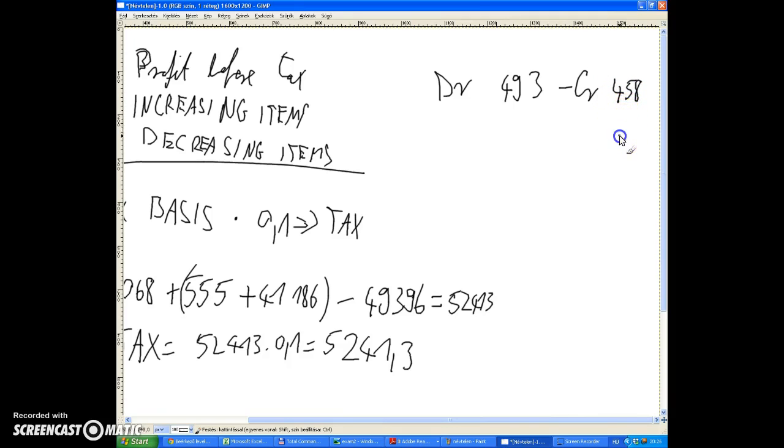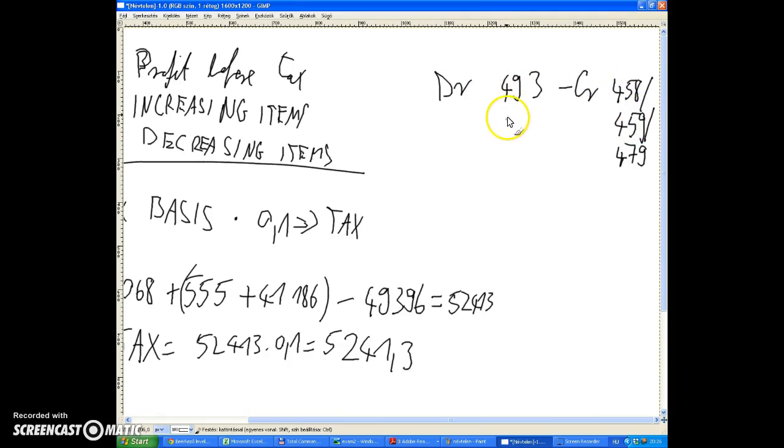If it pays this to a company which is not an associated company, then we can use 459, and we can also use 479. 479 is ordinary people, not companies. So the company can pay dividends even to people who are shareholders, and we don't know who received the dividends. This is why we can use either this one or this one or this one. This is the recording of dividends.